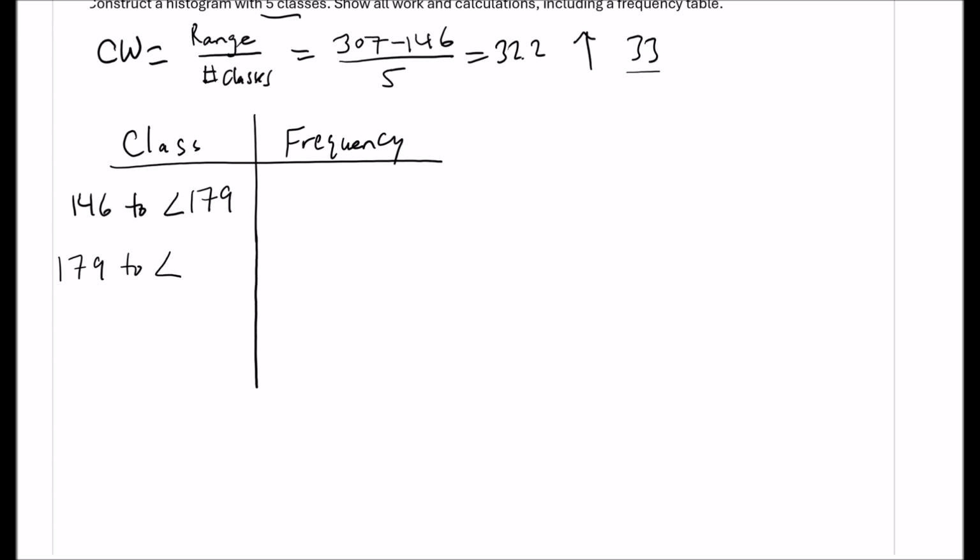So 179 plus 33 should be 212. Let me just double check that the math is right. Okay, 212. Then 33 plus that is 245.